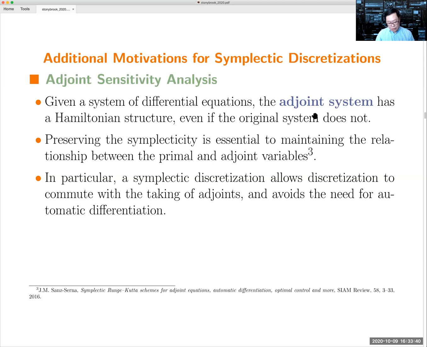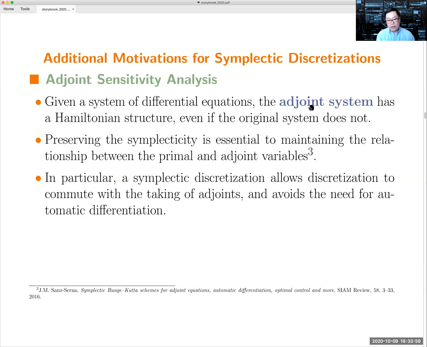And this is oftentimes addressed in terms of what are called adjoint equations. The main point is that if you have a system of differential equations and you add to that system the adjoint system, then the combined system of the differential equations and the adjoint equations has a Hamiltonian structure, even if the original system does not.